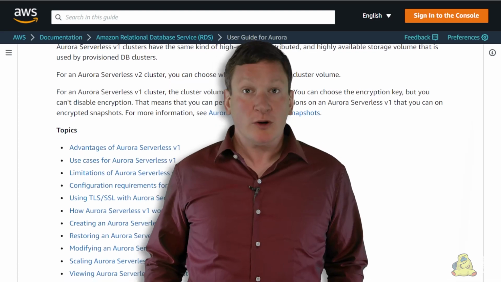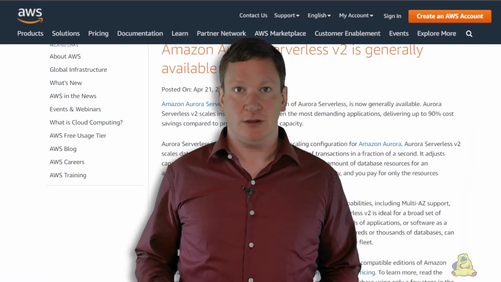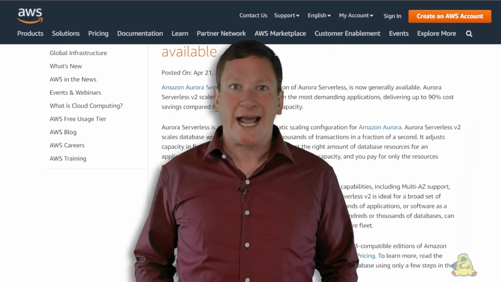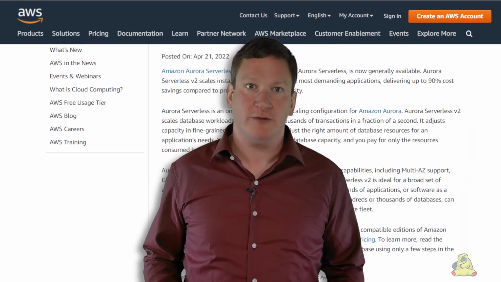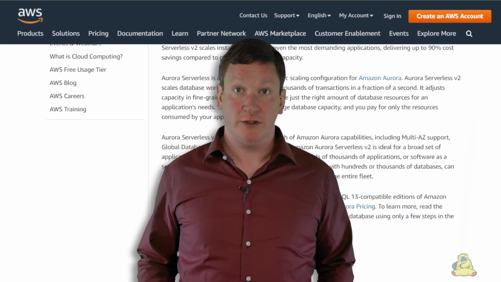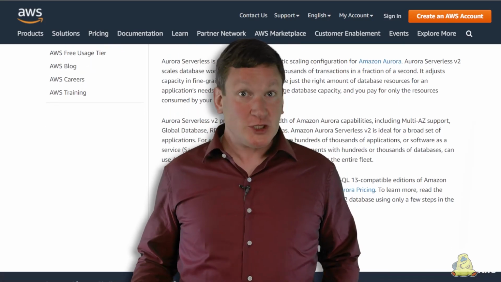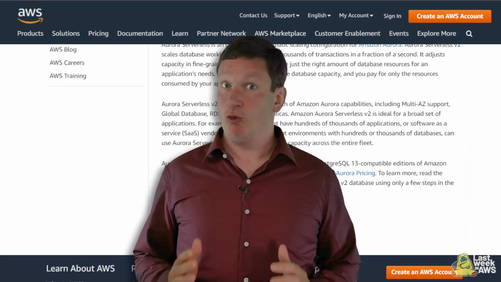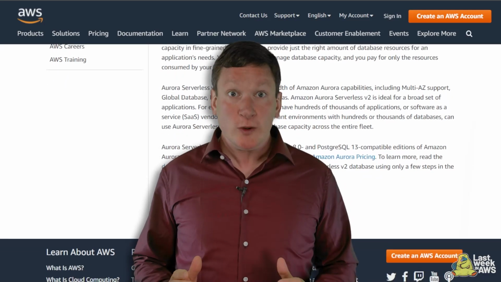So I was on board when Aurora Serverless v2 was announced 3 years later at reInvent 2020. It became generally available in 2022 after about a year and a half or so of public preview, and it purports to solve all of the problems with Aurora Serverless version 1. Unfortunately, every word of Aurora Serverless v2 is a lie.